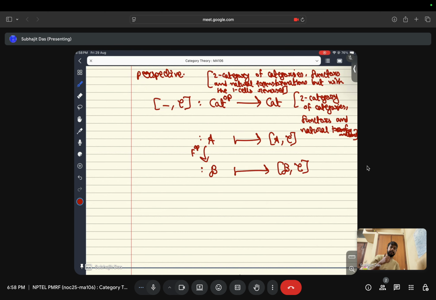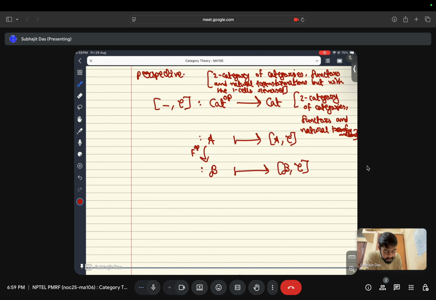So F is a functor from B to A. If you just look at the formal arrow which is in the opposite direction from A to B, that is what I was talking about when I was saying reversing one cells. So you understand what the category Cat op is, right? Forget the natural transformations. The objects are the same, and the arrows are in the opposite direction, right? So if F is an arrow from A to B in Cat op, what I mean is F is really a functor from B to A, right?